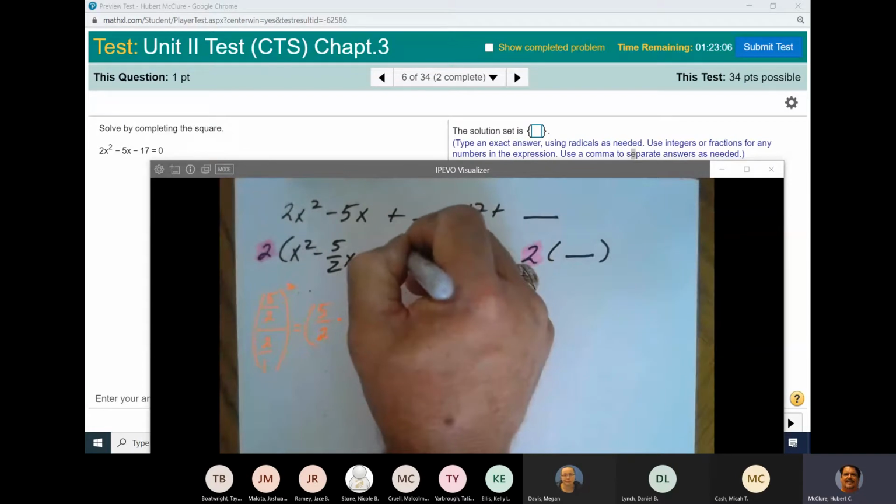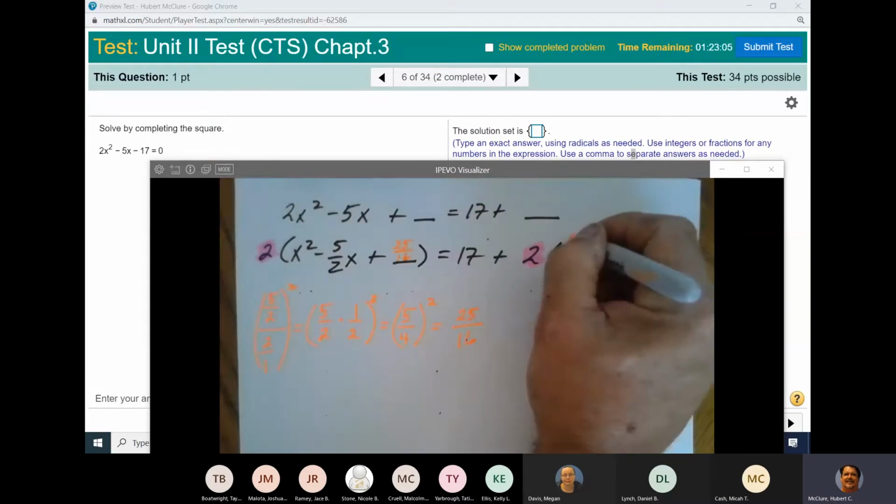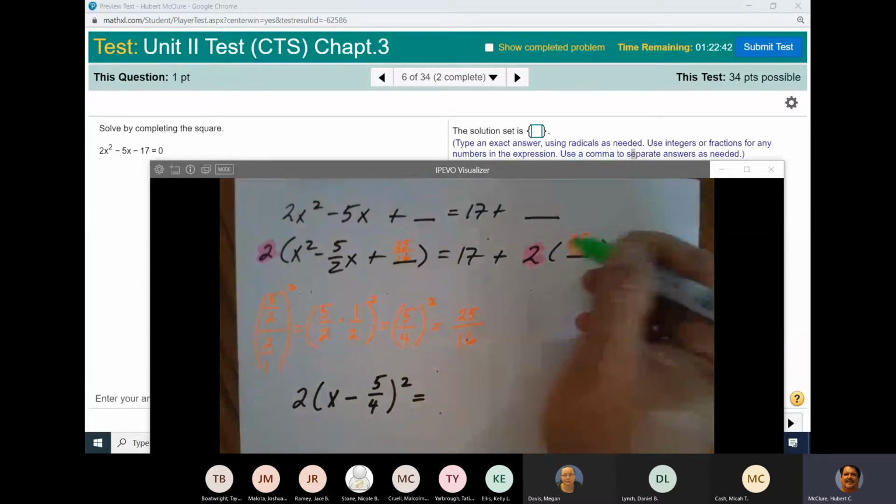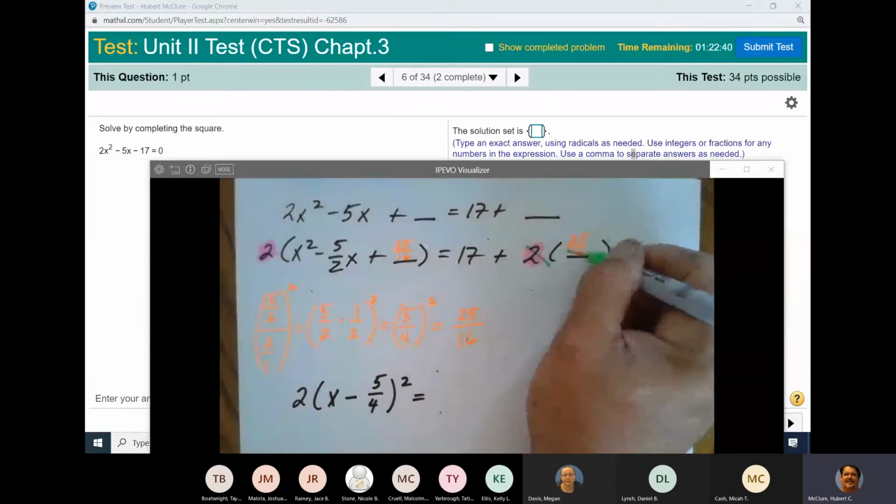25 over 16. And that's going to make us 2 times x minus 5/4 quantity squared is equal to, I'm going to go over here and do another color, green. That 2 will cancel that to be an 8.